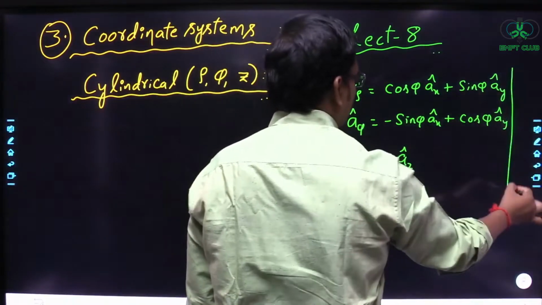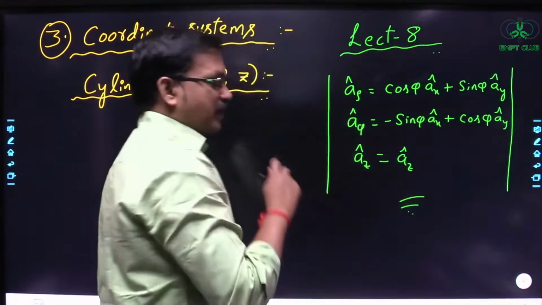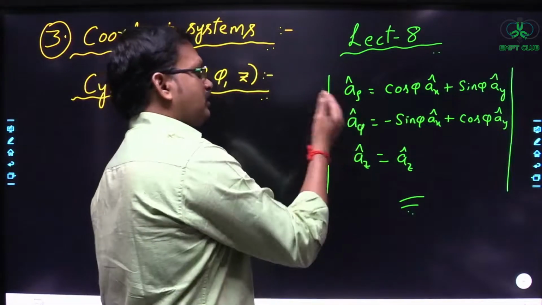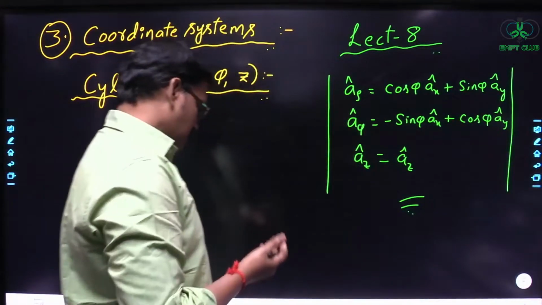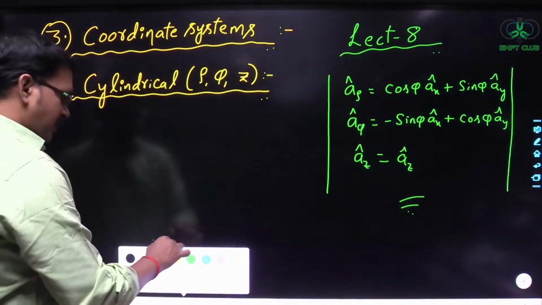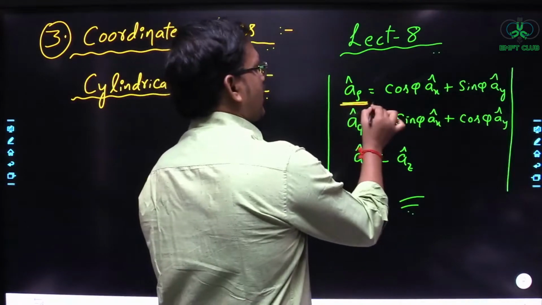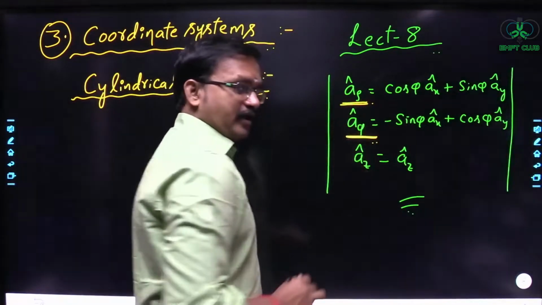So this is what we have seen. I have explained a method to determine a rho cap and a phi cap, and I said I am going to explain another method to determine them.